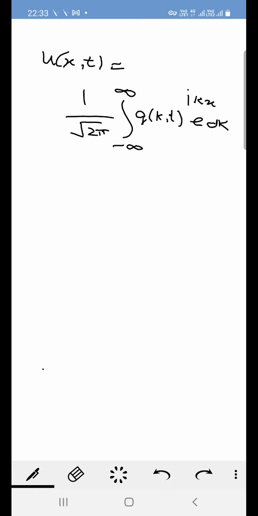Now the second step is we will replace with the given differential equation.